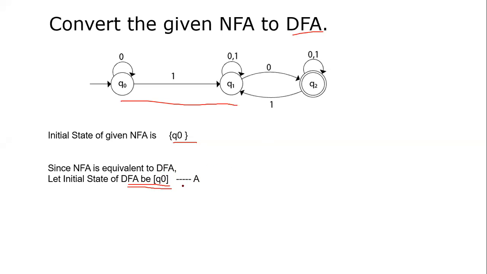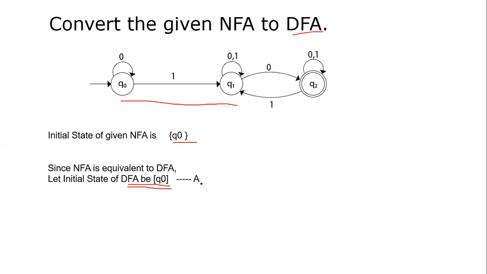In that diagram, you can mention A, or in that square bracket, you can give Q0 also. Both are the same, but I'm just giving a name for the new states of DFA. So far it's clear, right? Just taking the initial state of NFA, assuming that state is the initial state for DFA, and giving a name for that.